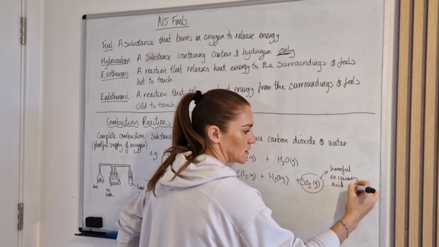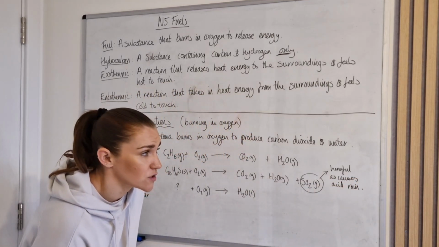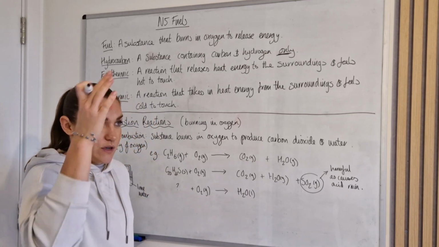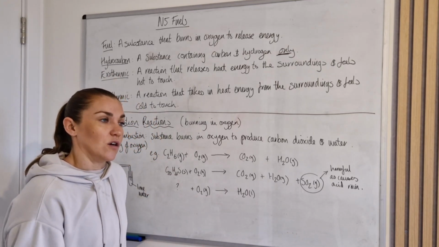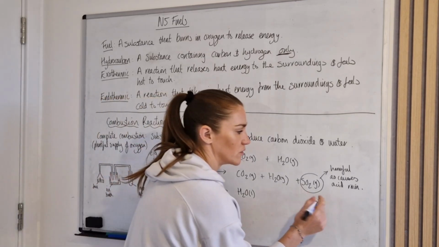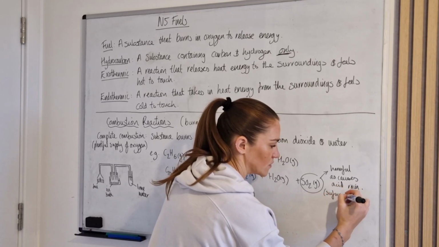So what happens is the sulfur dioxide dissolves in rainwater and produces sulfurous acid, and therefore when the rain comes down it's acidic and it can kill a lot of plant life and damage aquatic systems. So that's the gas you need to remember as the one that causes acid rain.